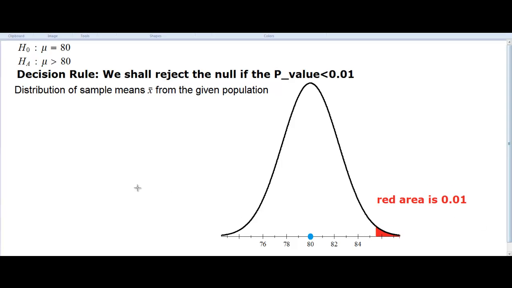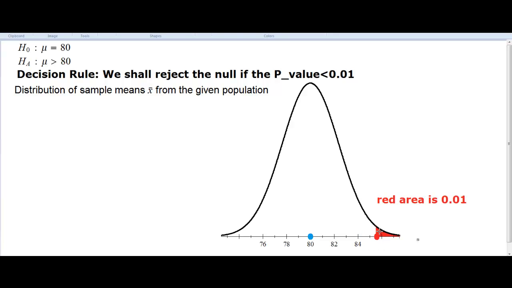So if our sample mean comes out to be greater than this x bar value here, then we shall reject the null. Let's see what this value is.